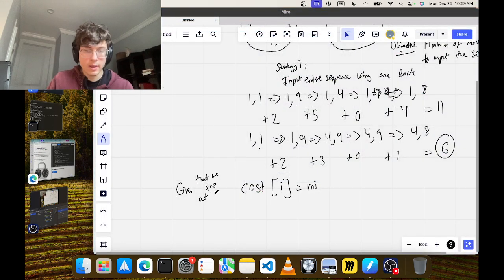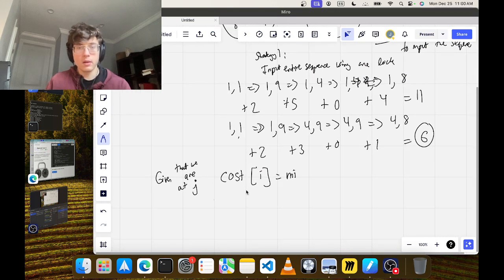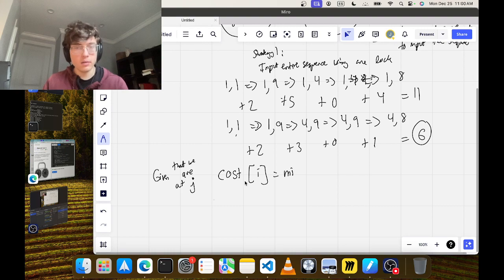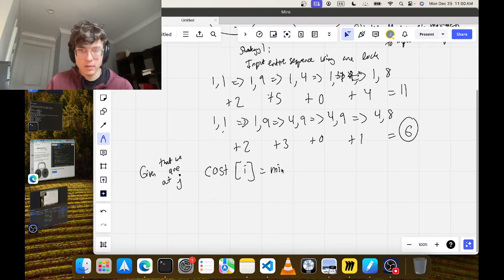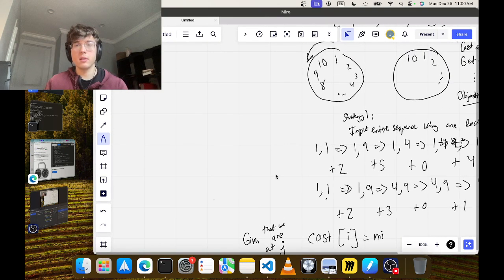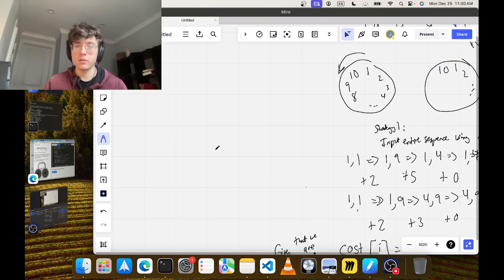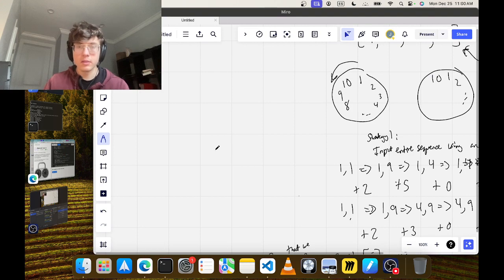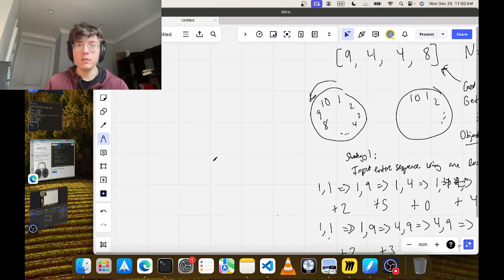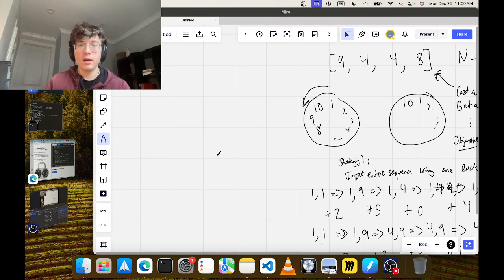So given that we are at, let's just say J, the cost of I is the, okay, actually let me first go into understanding why this might work. So let's look at all the possible ways that you can get there.